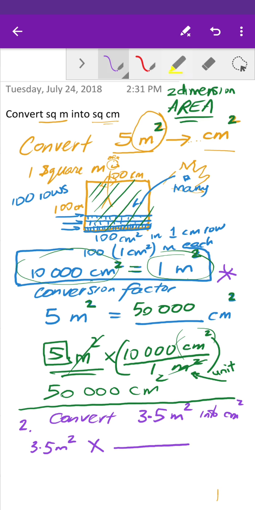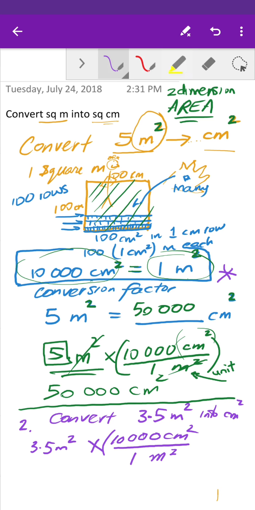Now, if you want the square meters to cancel, you must put the 1 square meter underneath, because that square meter won't cancel if it's written on top. Now, if 1 square meter is underneath, you must have 10,000 square centimeters on top.